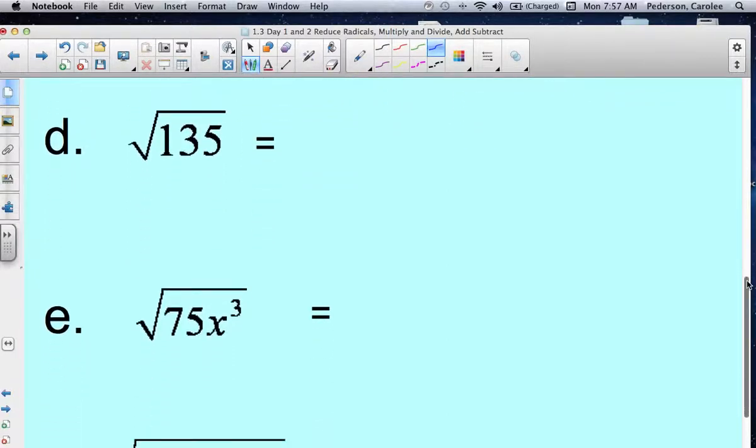All right, going down to square root of 135. Working with some bigger numbers sometimes becomes a little bit more complicated. So you're trying to look for what 2 numbers might multiply together that would be a perfect. So you might want to start with dividing. Does 135 divide by 2? No. Does it divide by 3? Yes. Does it divide by 5? Yes. So if I rewrite it as 5 times 27, that's 135.